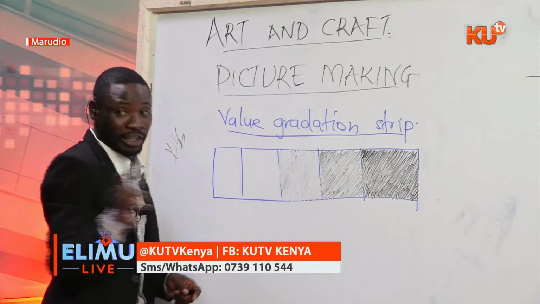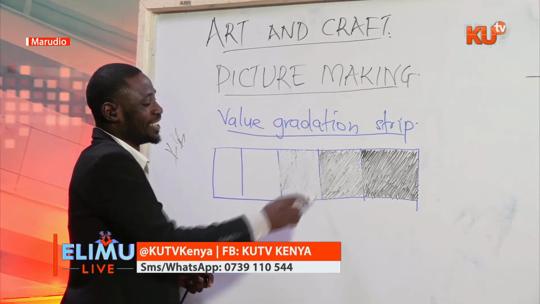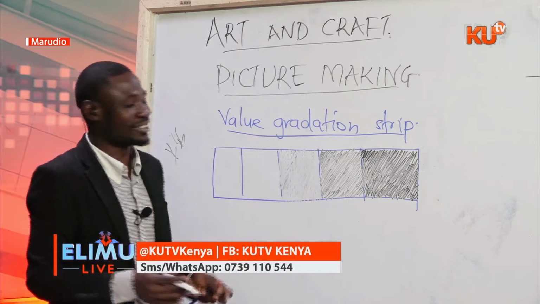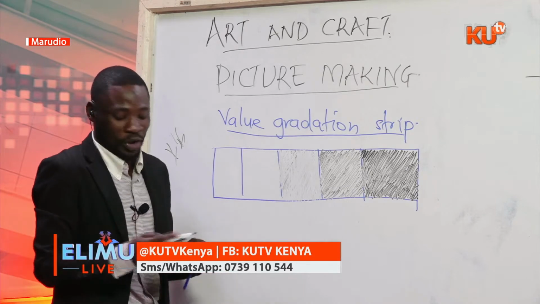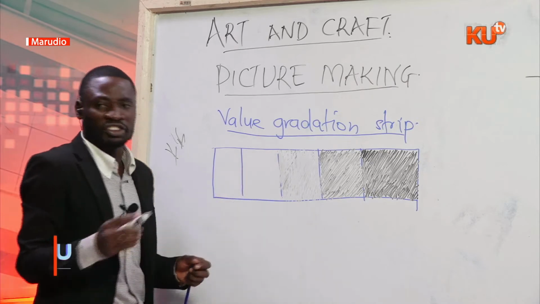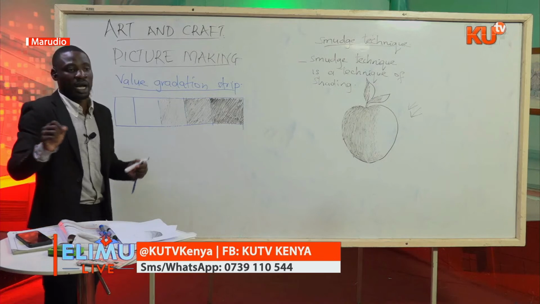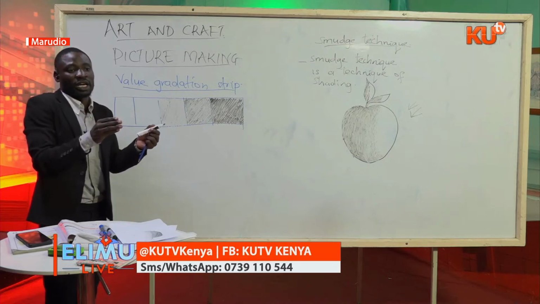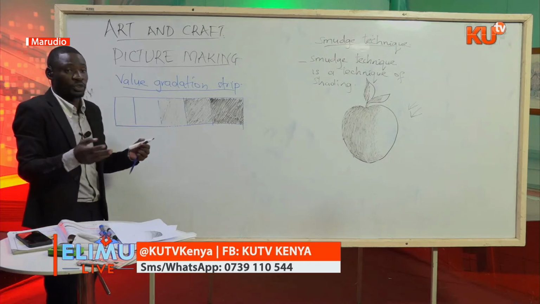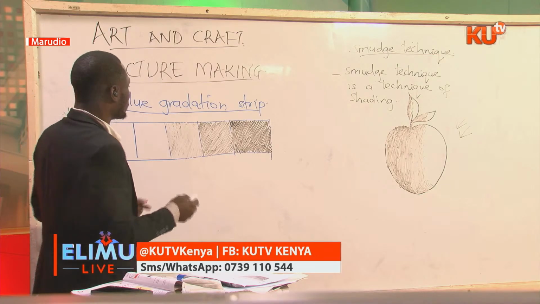Even if I look at your head right now, I can identify which part is darker and which part is lighter according to where the light is coming from. Every form or any item has a darker part and a lighter part. It all depends on where the light is coming from.